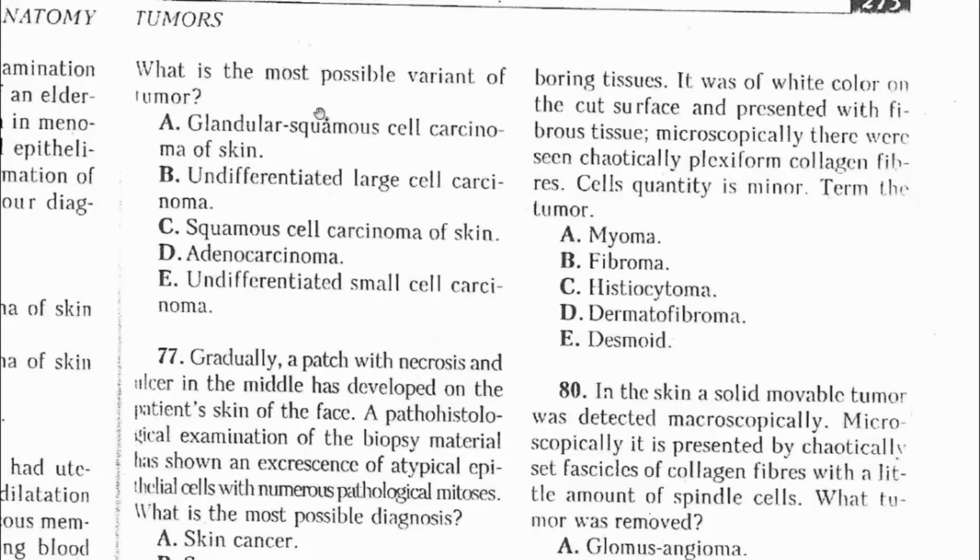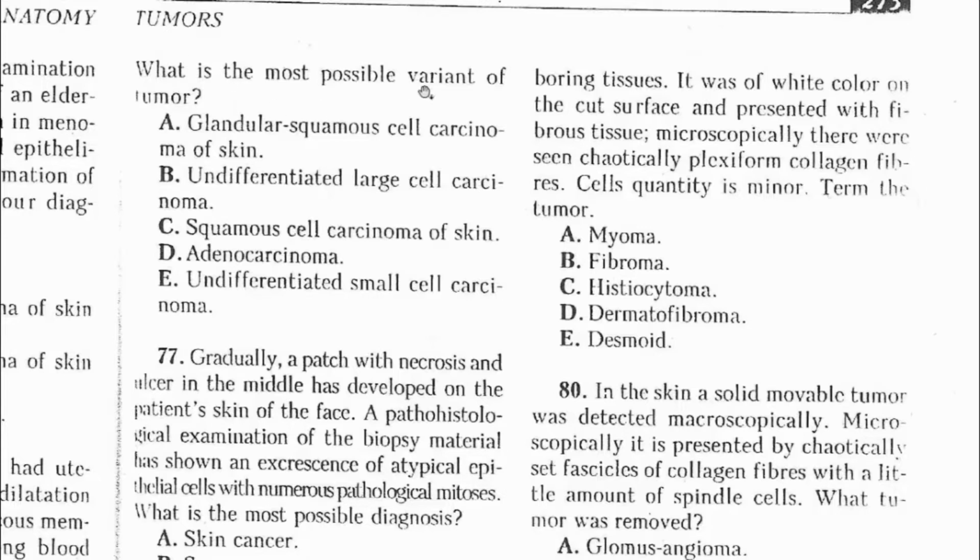Now, this description can be seen in oat cell carcinoma. Oat, the food oat. Oat cell carcinoma, also called undifferentiated small cell carcinoma, is composed of uniform small cells with dense oval nuclei, which are organized into cords, aggregates, and ribbons around small vessels, forming pseudorosette.